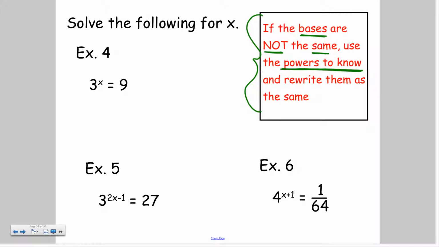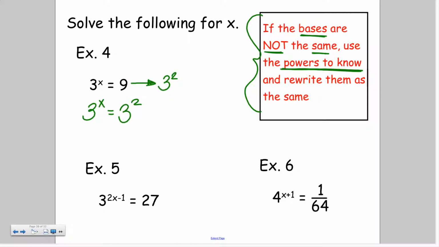So if you look back over to your boxes, where do you see the answer 9? The first time. And if you're looking straight down, you're going to get 3 squared. So we're going to replace that 9 with 3 squared. So 3^x is equal to 3 squared.